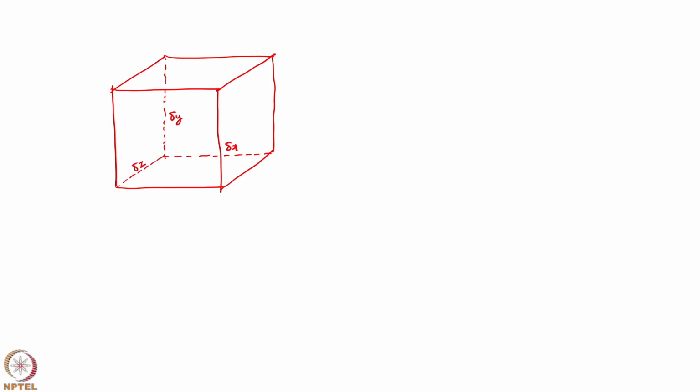Now this is the parallelepiped. There are two terms here: ∂/∂t of the control volume integral of rho dV plus the control surface integral of rho v dot n dA equal to 0, that is what we said.